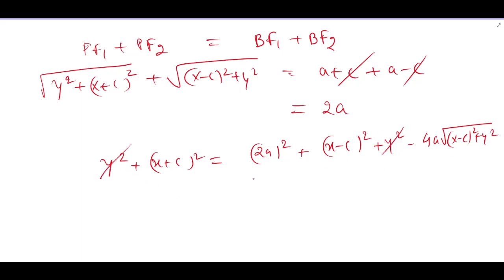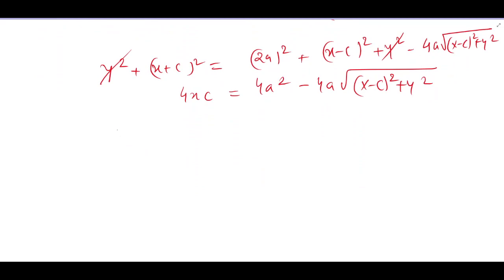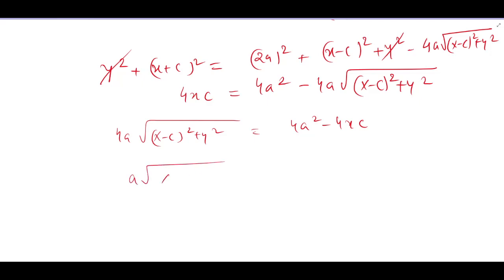The y square will cancel out, and we get 4xc equal to 4a square minus 4a root of x minus c whole square plus y square. Now again take 4a root on the left-hand side and 4a square minus 4xc on the other. Divide by 4 on both sides: a root of x minus c whole square plus y square is equal to a square minus xc.